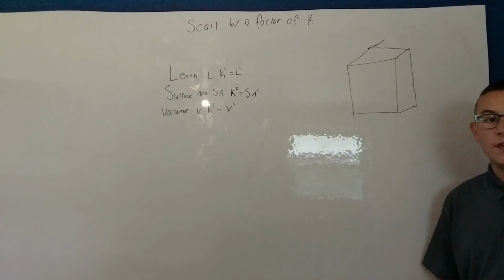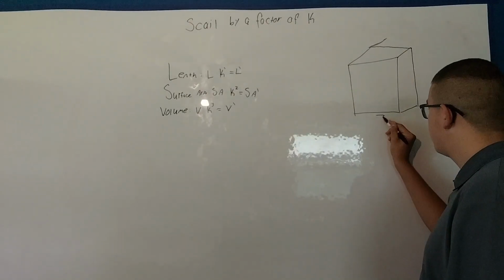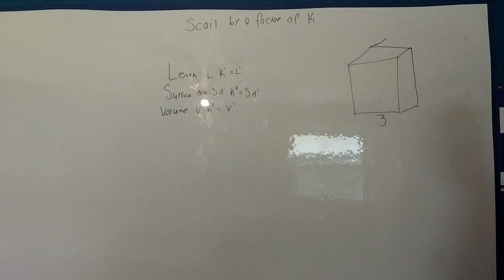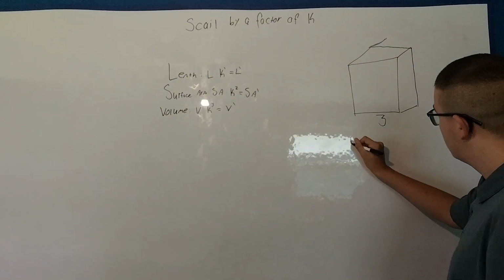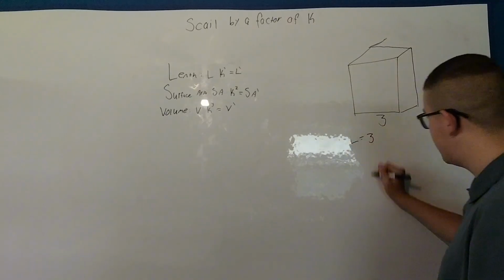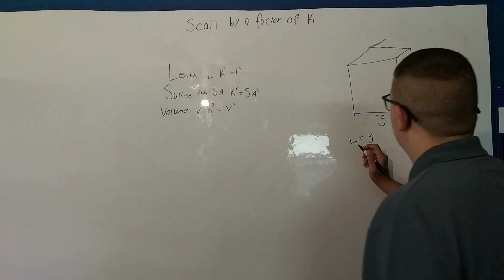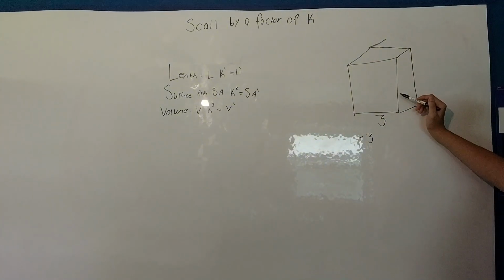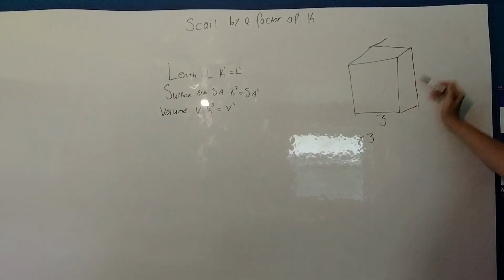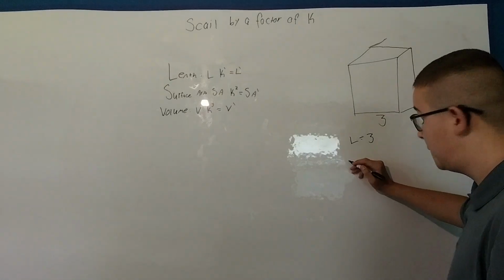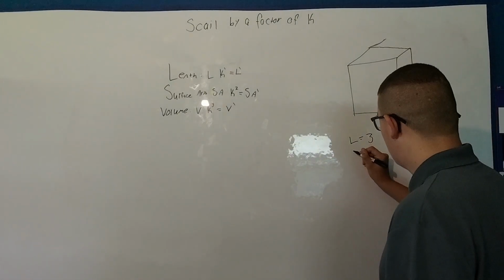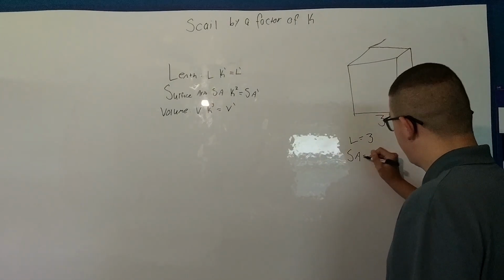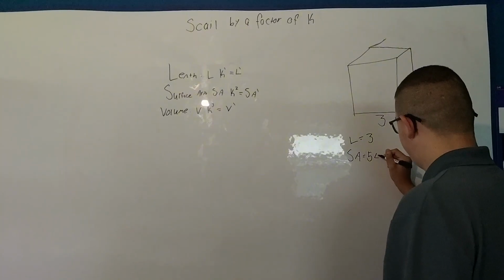If we have a cube like this, and we say one length is 3 units, right? So our length equals 3, and then our surface area would be 3 times 3 is 9, times the 6 sides is 54. So our surface area is 54.